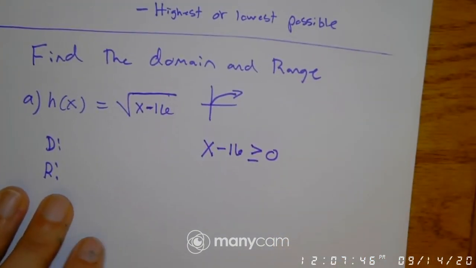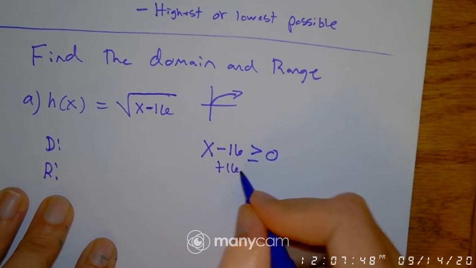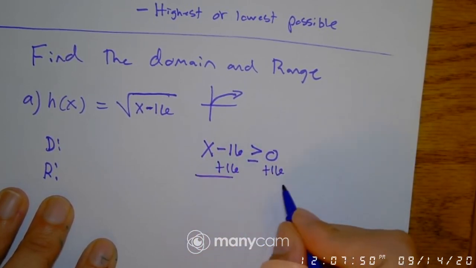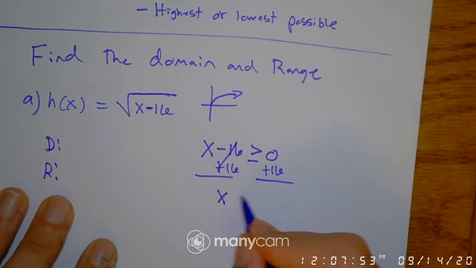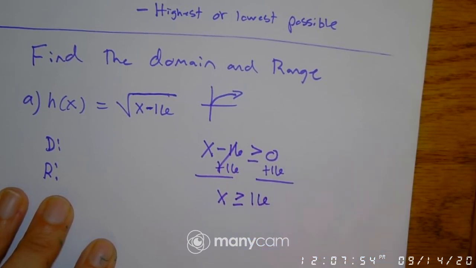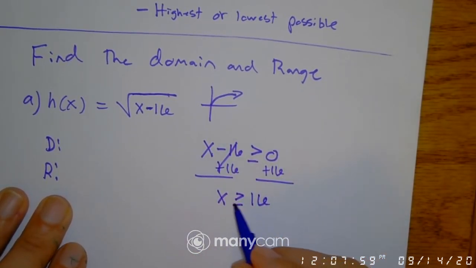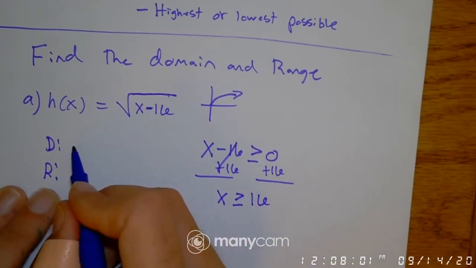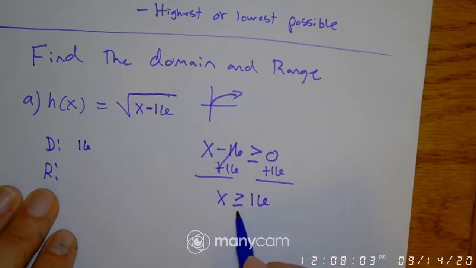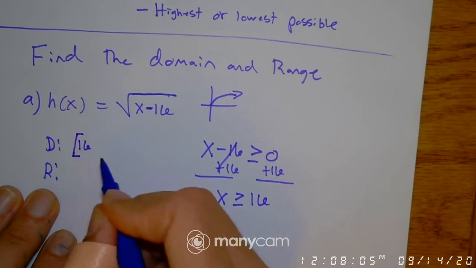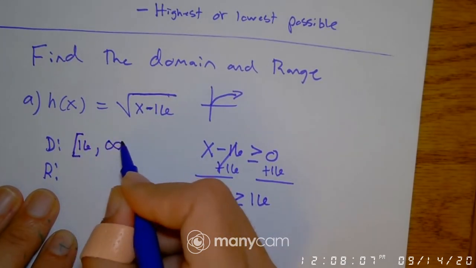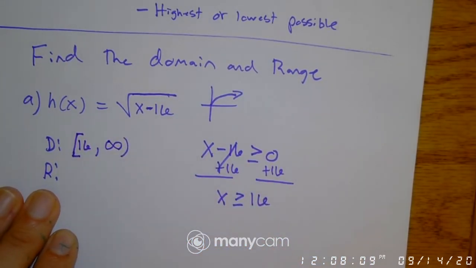Okay? So if I'm going to do that, I'll go ahead and add. Okay, so I know that x has to be greater than or equal to 16. So if x has to be greater, this is going to be my smallest. So I'm going to say 16, it can equal it, and then it can go on theoretically forever.